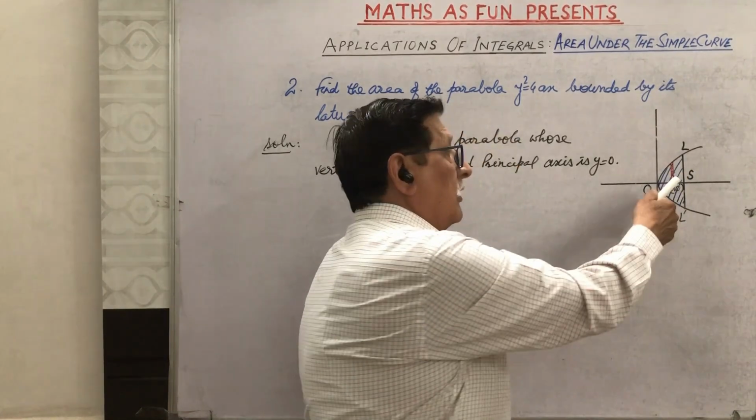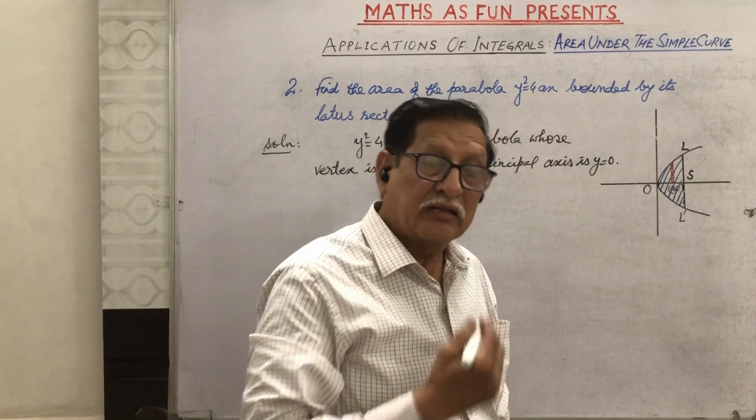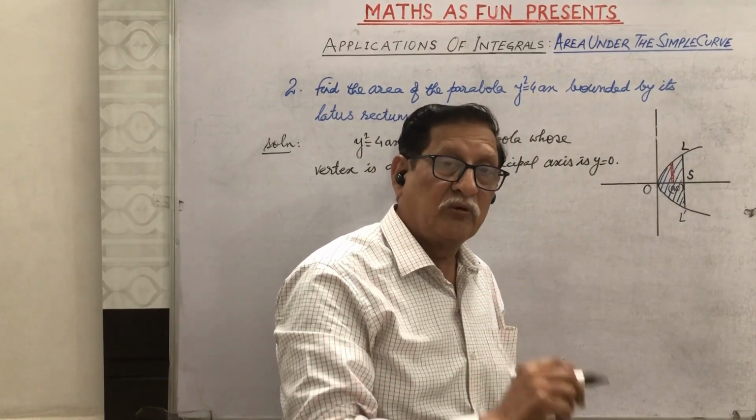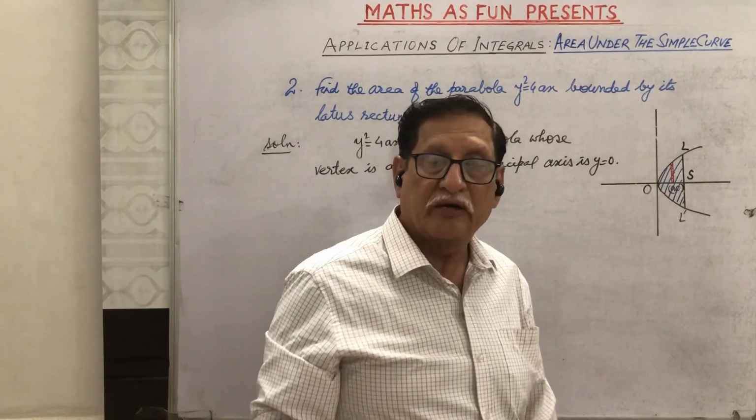So we draw a vertical strip here of width dx, and then apply the formula y dx from 0 to a to find the area.